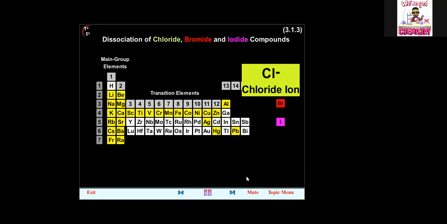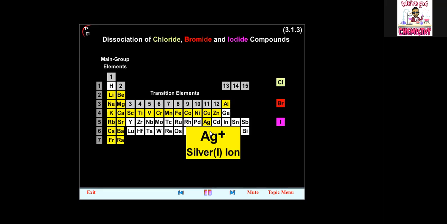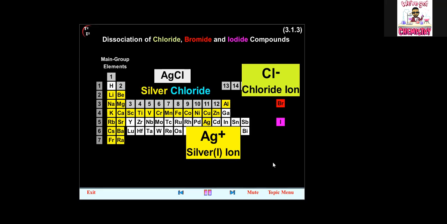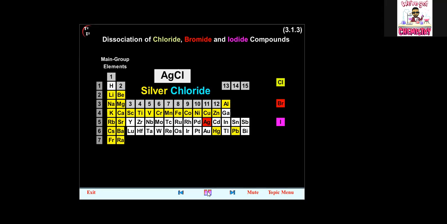Ag+1, silver ion. Cl-1, chloride ion. Silver chloride. AgCl is insoluble in water.